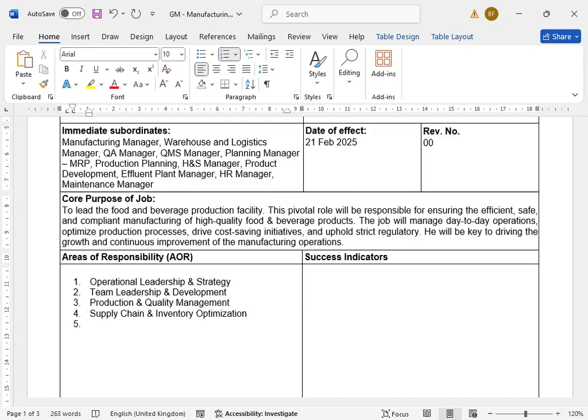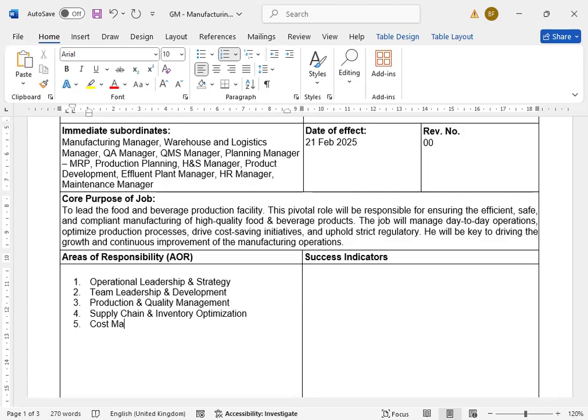Another is the cost. This is really important because this is one of the critical resources of the company. If the role is not managing the cost efficiently or effectively, then the company will be in a dire situation.